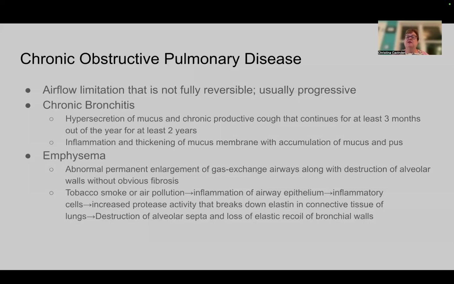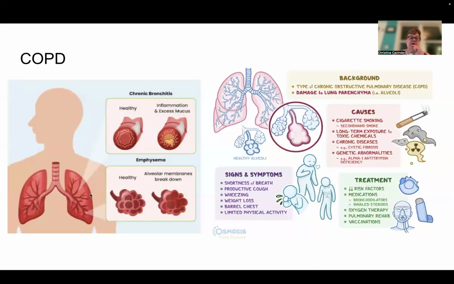So to get air in and out, your lungs are really stiff and you can't move the air as well. So if you look at COPD, you have the healthy airway, and then over time you get this excess mucus and inflammation, and then that leads to the breakdown of the alveoli.